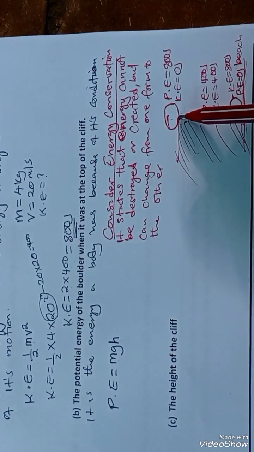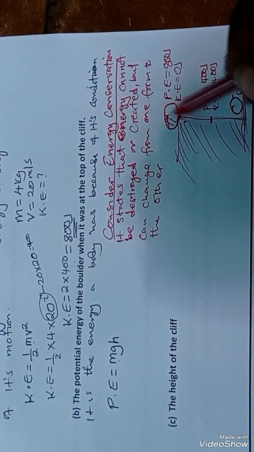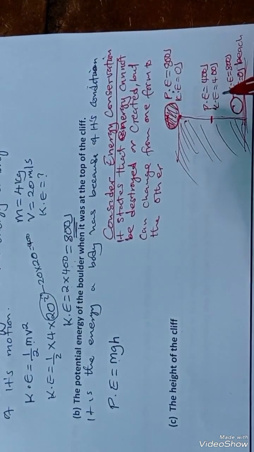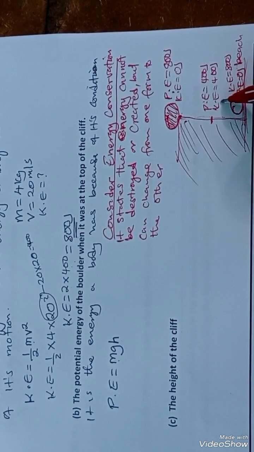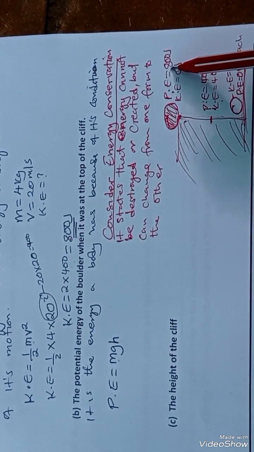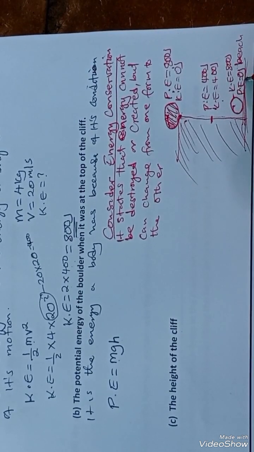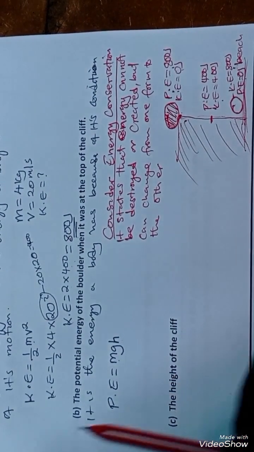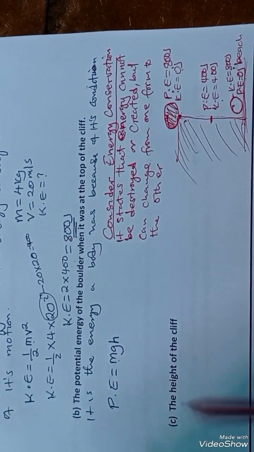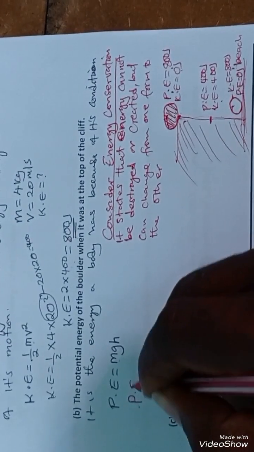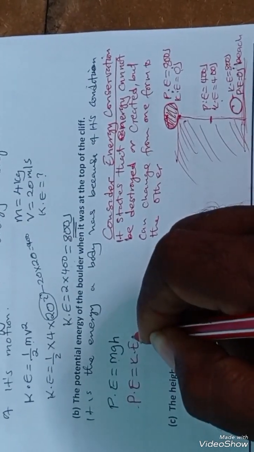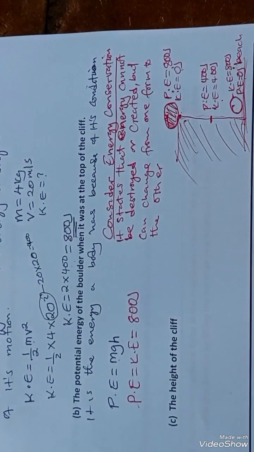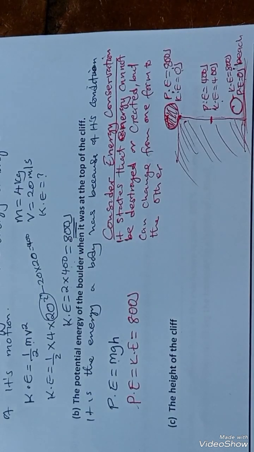So from 800 to 0, from 0 to 800. So potential energy is equal to kinetic energy, which is 800 joules, according to energy conservation.